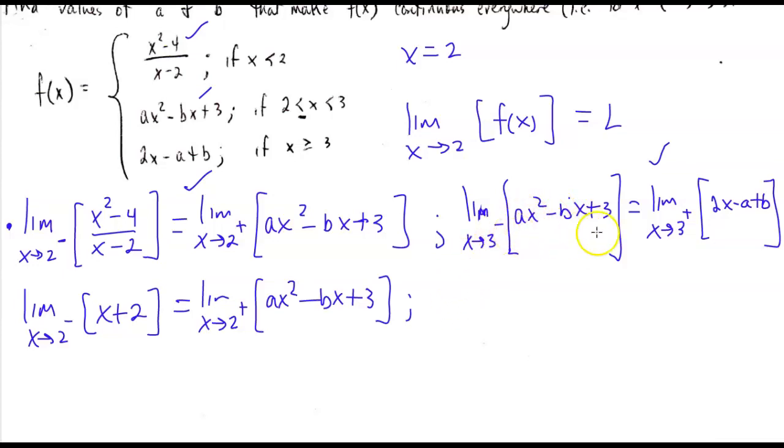And we have to do this step first before we plug in the 3 into the place for x. So here this would be a times 3 squared minus b times 3 plus 3. And same deal here. This is a linear function, which is a polynomial of degree 1. So we can use the direct substitution property there.